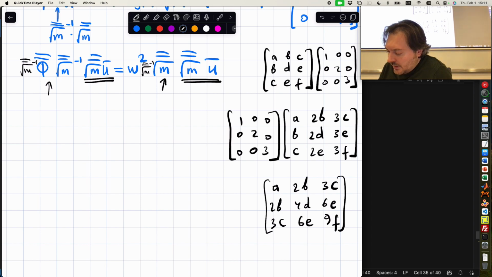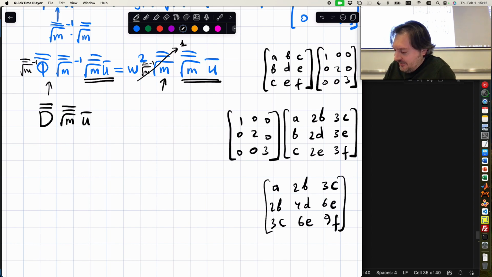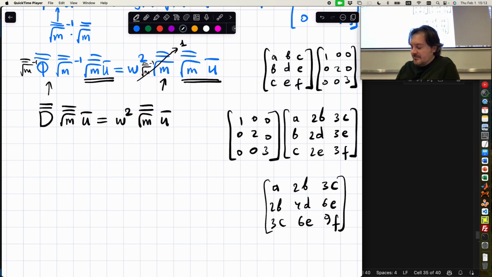So we have arrived at our solution, and this one is going to be 1. We have arrived at the formula that looks like this. Dynamical matrix, U equals omega squared U. Okay?